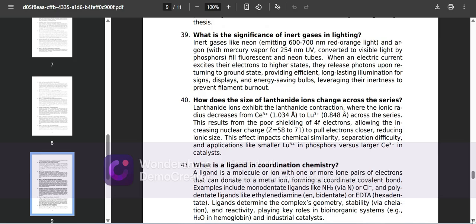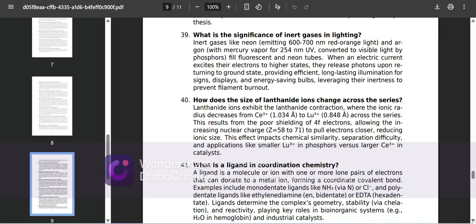What is the significance of inert gases in lighting? Inert gases like neon emit 600 to 700 nanometer red-orange light, and argon with mercury vapor emits 254 nanometer UV converted to visible light by phosphor-coated fluorescence. In neon tubes, an electric current excites their electrons to higher states.